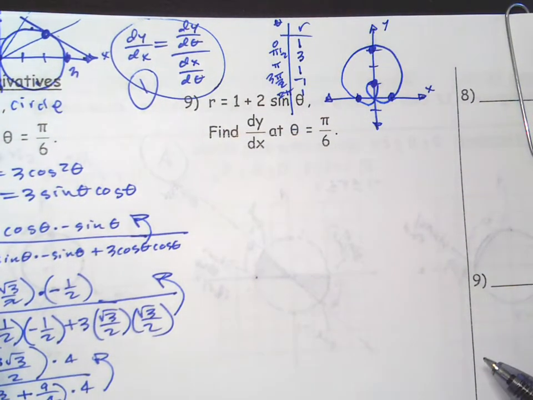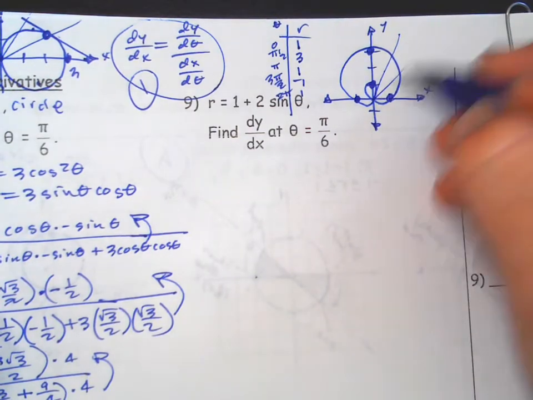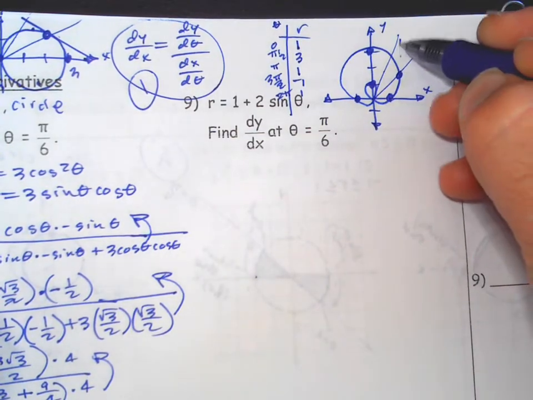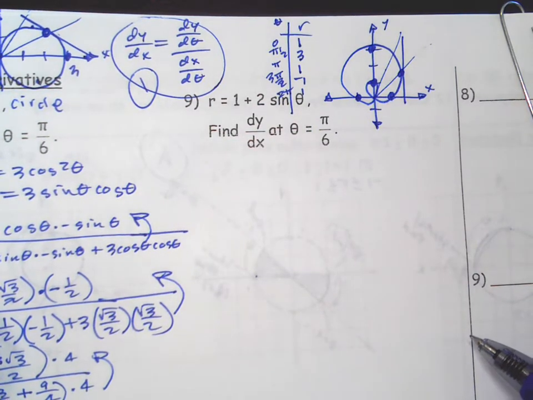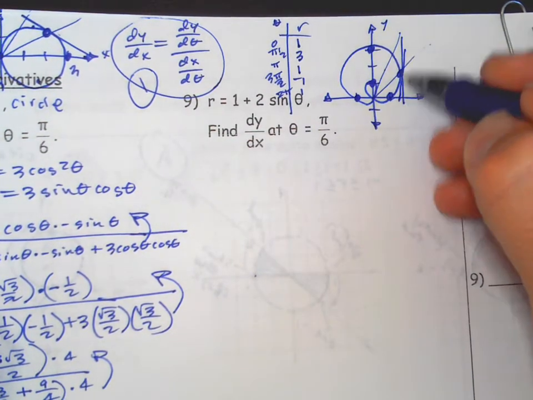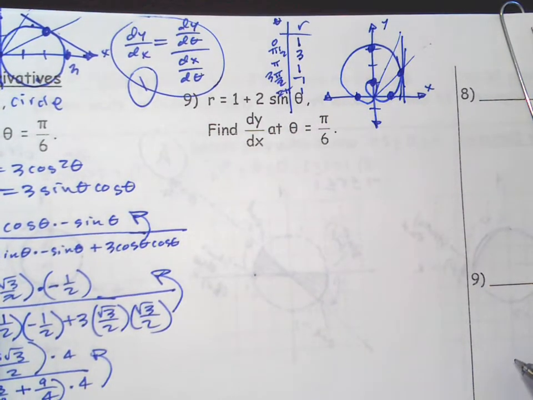Okay, so we're trying to find the slope at pi over 6, which would probably be somewhere in there. So maybe it's going to be vertical, or it could be positive. I don't know. It's not going to be 0 or small.